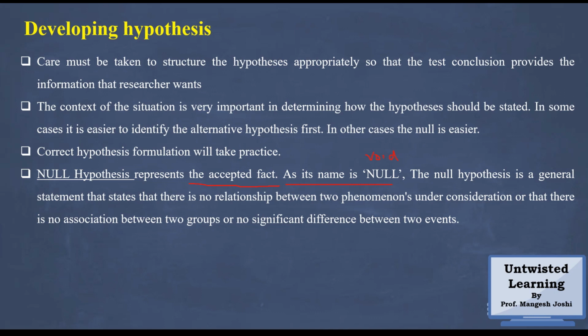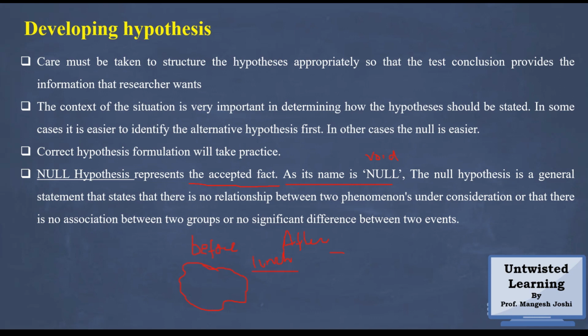Means if you are testing, let us say for example, one event is before and another event is after lunch hours, right? In between there is a lunch and you are taking some sample, say you are testing quality before and after lunch.